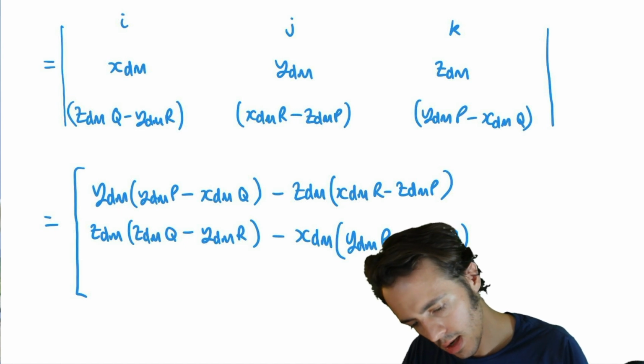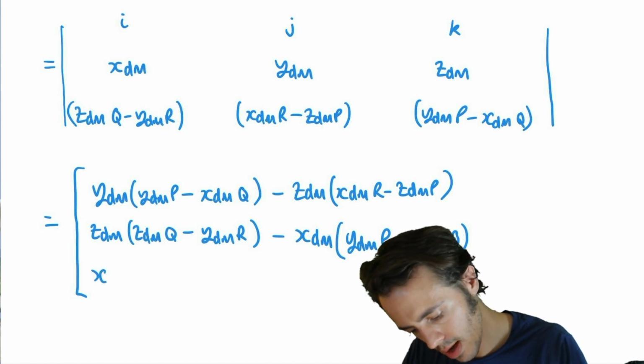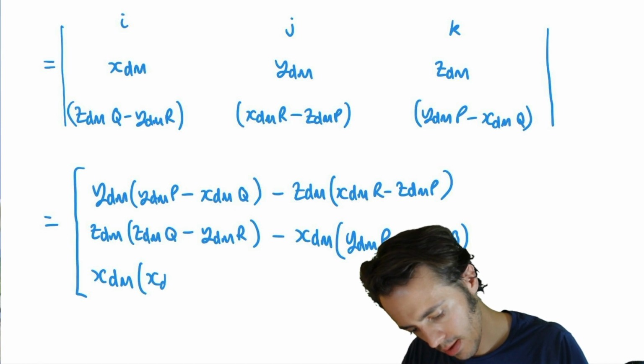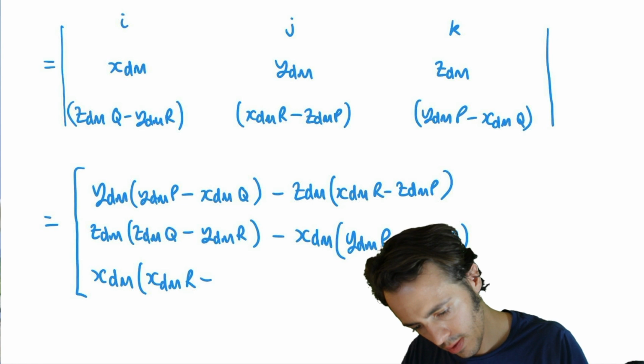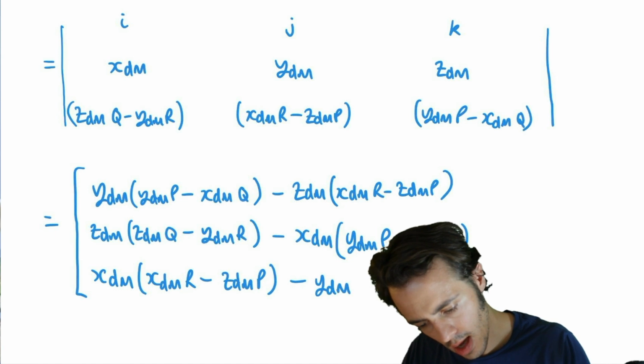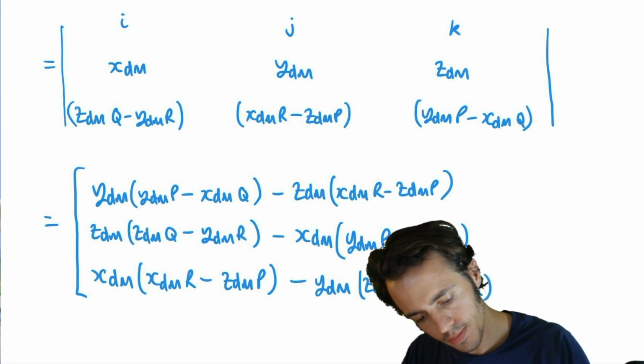And then in the last one I've got x dm multiplied by x dm r minus z dm p, minus y dm multiplied by z dm q minus y dm r.